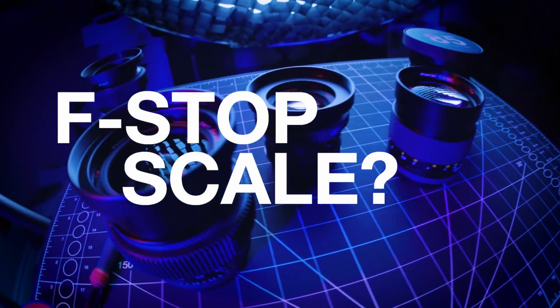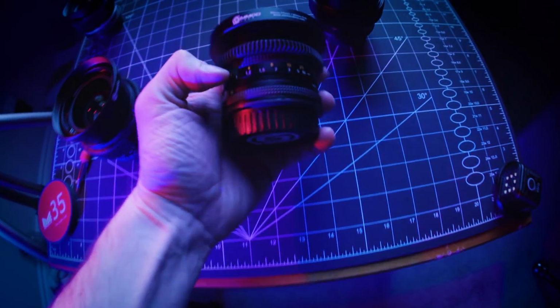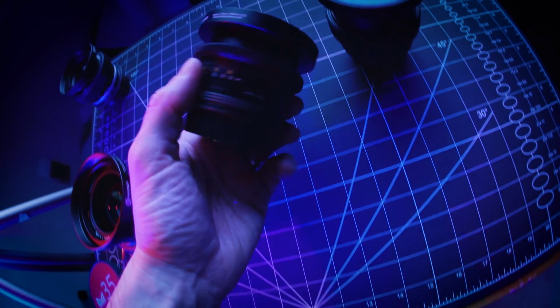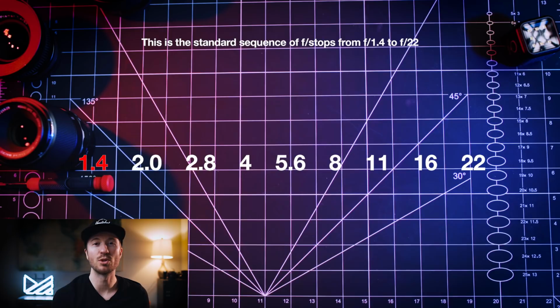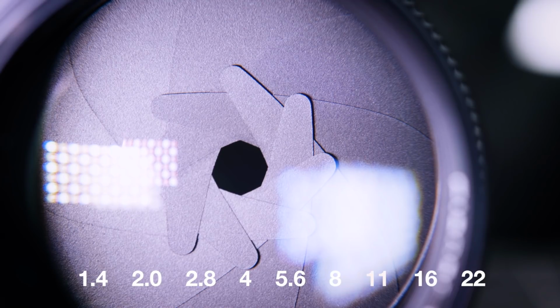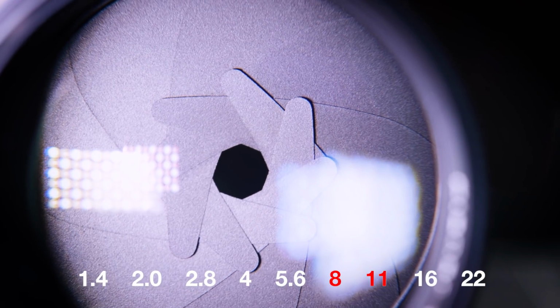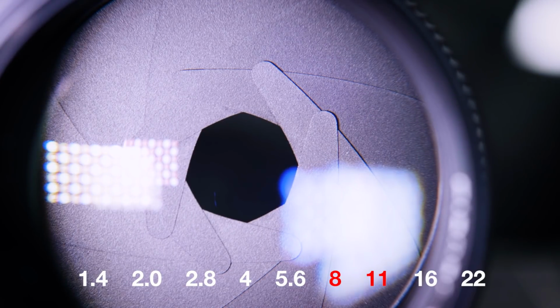Now the next thing I want to talk about is that f-stop scale. And a typical f-stop scale of full stops looks like this. Each jump from 1.4 to 2 to 2.8 represents one stop of light. So by moving from f11 to f8, you're increasing the light by double.